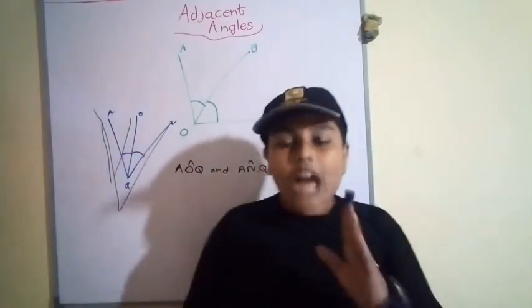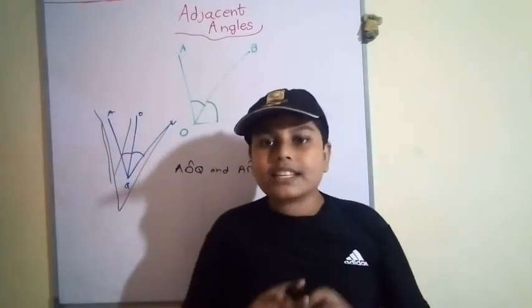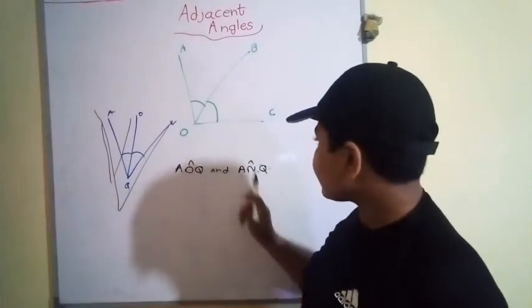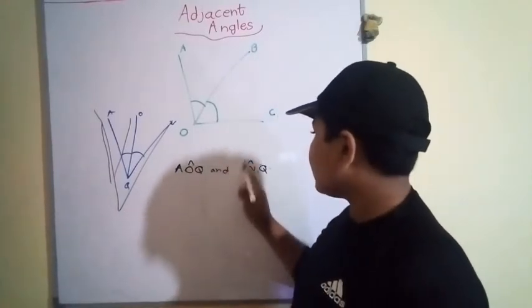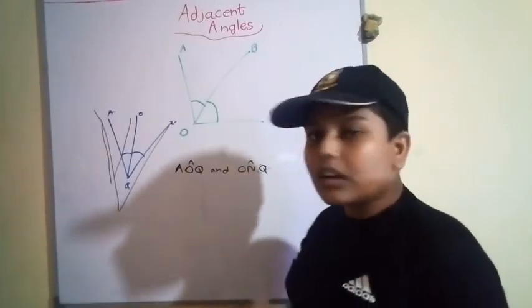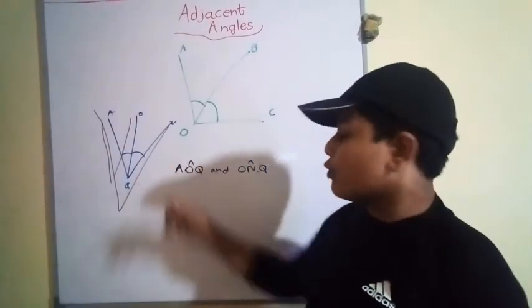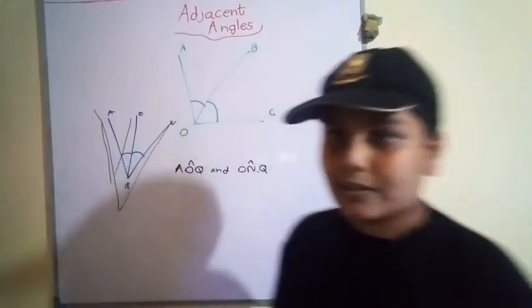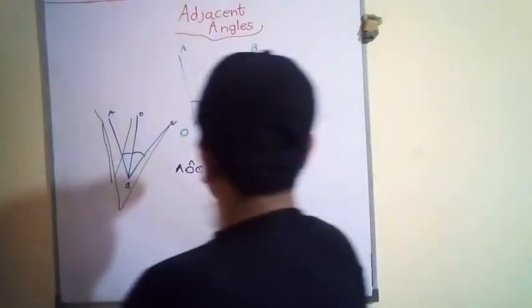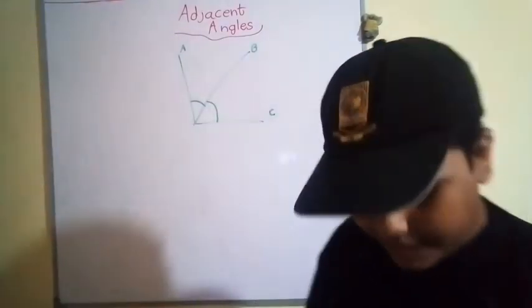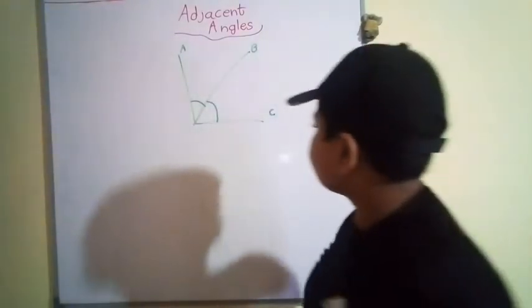The full one and the half one are not adjacent angles. If you have AOQ and ONQ, those are adjacent angles. I explained that the full one is not an adjacent angle with the half one in the same angle, right?